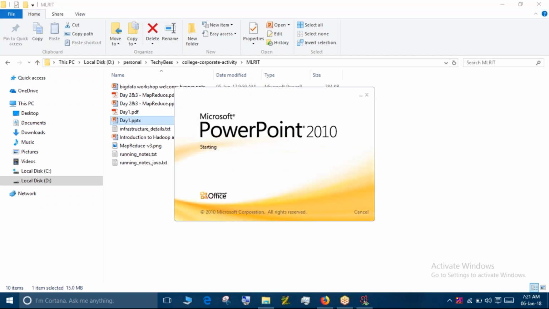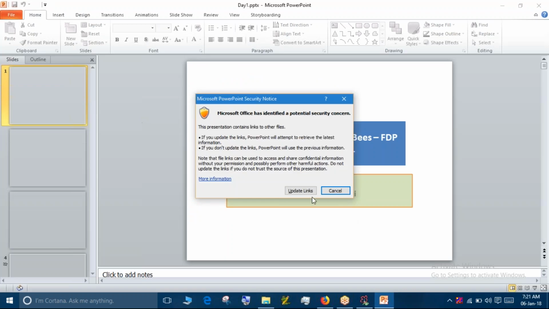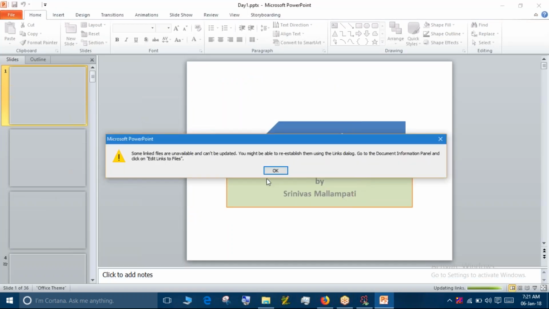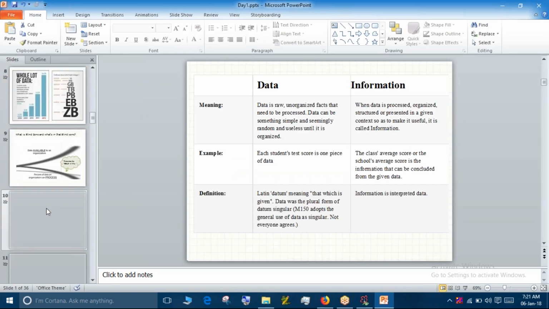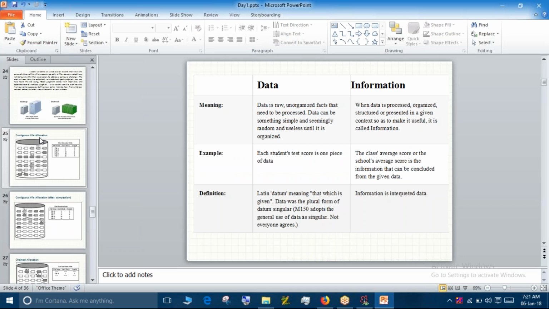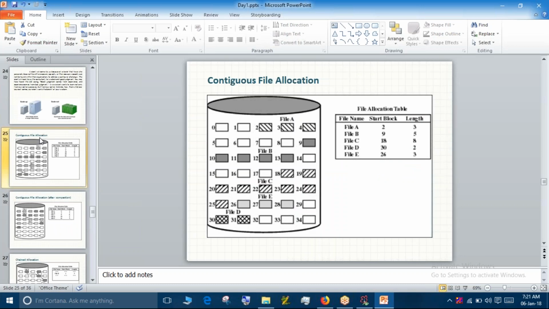So if you look at this one, a FAT model. I think you remember and recollect from your earlier days. FAT, file allocation table. You remember that file allocation table?